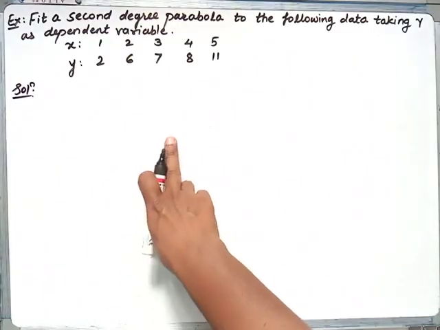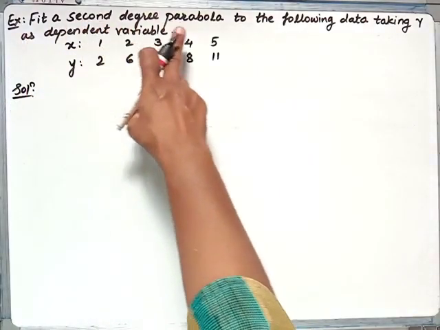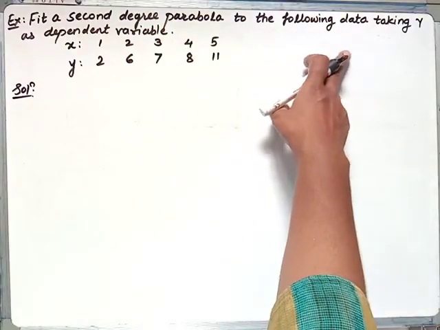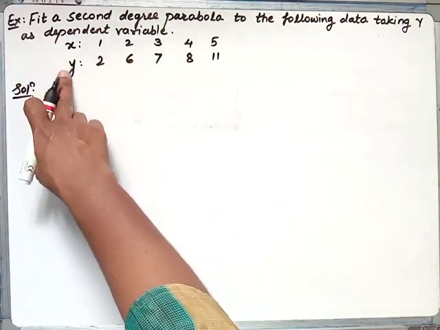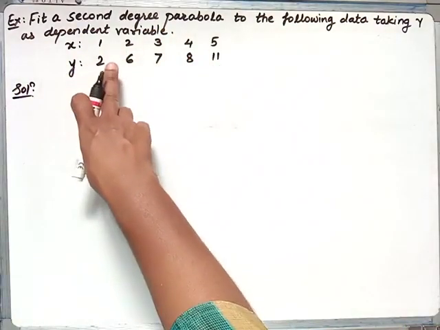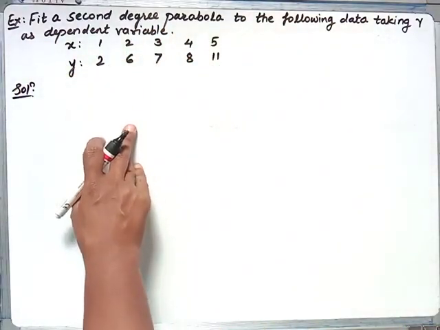Here the question is: fit a second degree parabola to the following data, taking y as the dependent variable. The data is given, the values of x and y are given here. So let's simplify it.